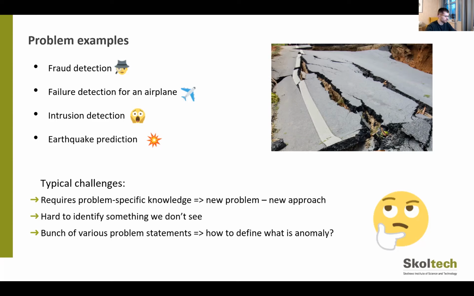Also, the second problem is that the problem statement is not very clear. Often we want to identify something that we have very few examples of, or even no examples at all, because anomalous behavior is something that doesn't happen too often. This also leads to the third point, because we actually don't know whether it's an anomaly or not in many cases.